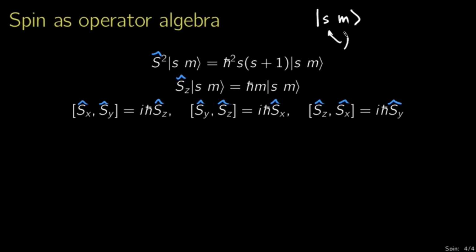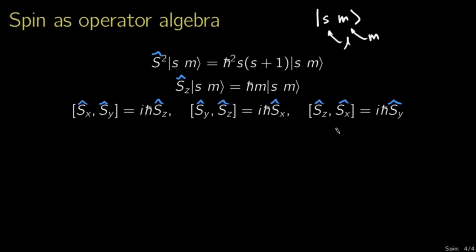S takes the place of the angular momentum quantum number, total angular momentum quantum number L, and M here, which is often written as M sub S, but I'm just going to write it M in keeping with the notation in the textbook, refers to the M counterpart in the spin operator algebra of the M quantum number in the angular momentum operator algebra.